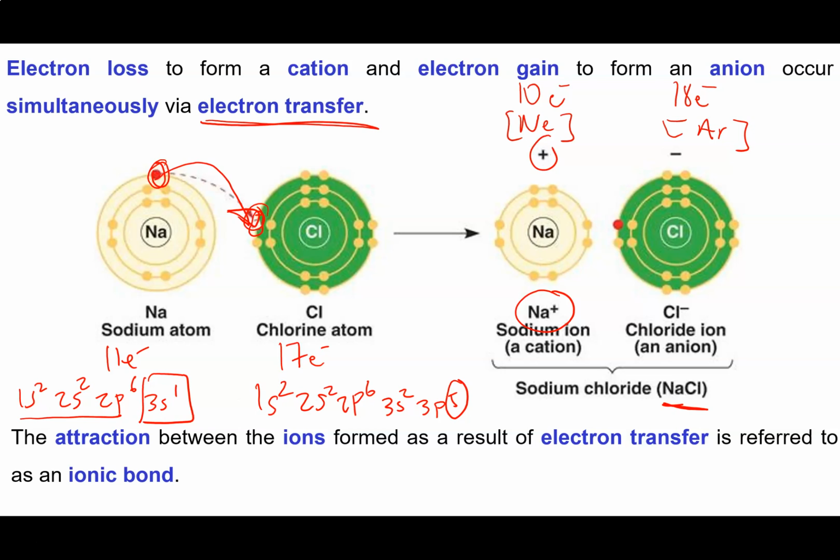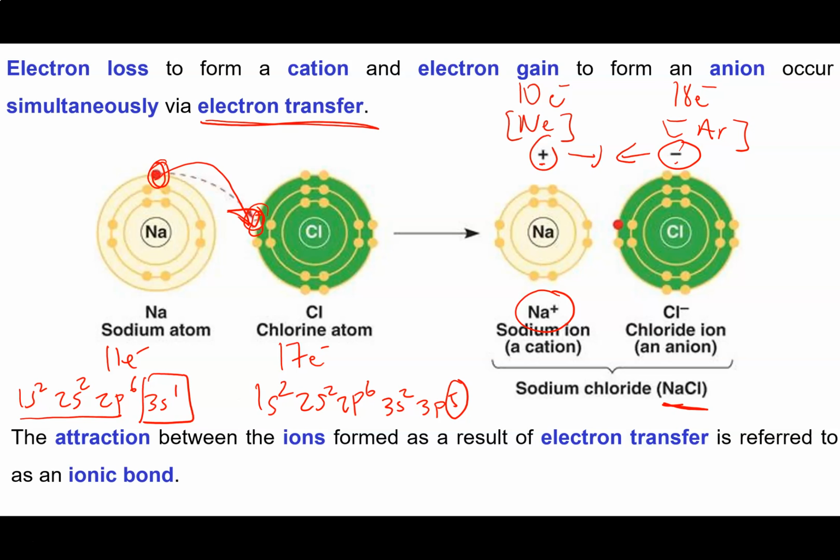So by transferring this electron, both of our atoms obtain a noble gas configuration. But the sodium atom has become positively charged and the chlorine atom has become negatively charged, and now they're going to attract one another and get stuck together.